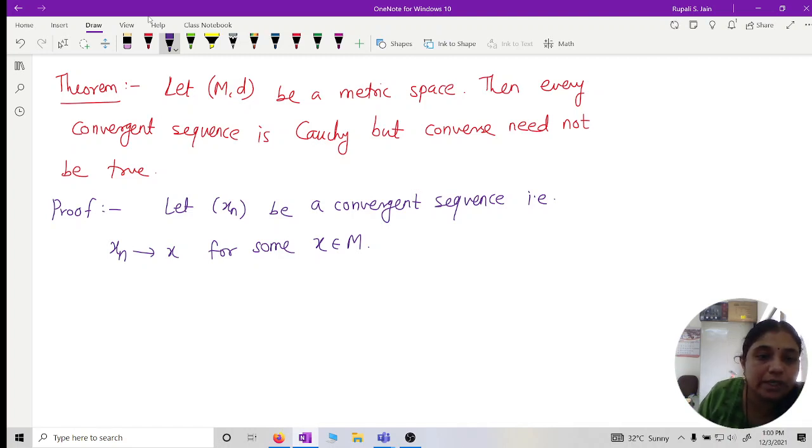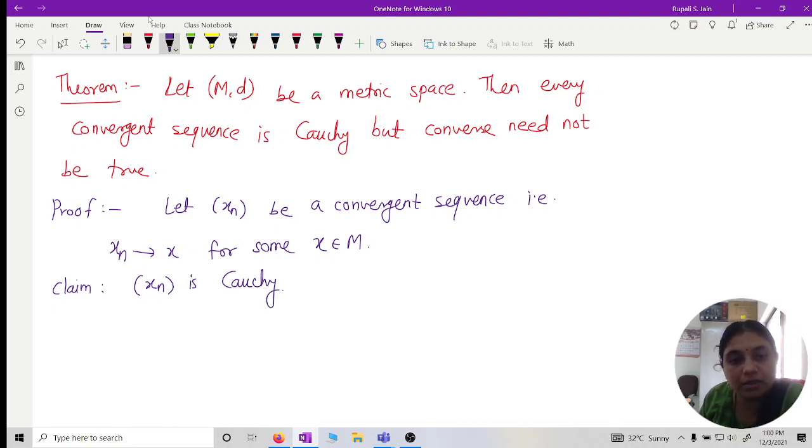Claim: xn is Cauchy. So to show xn is Cauchy, we have to show that for every epsilon greater than 0, there exists a natural number such that the distance between xn and xm is less than epsilon. Okay, so start with epsilon greater than 0.